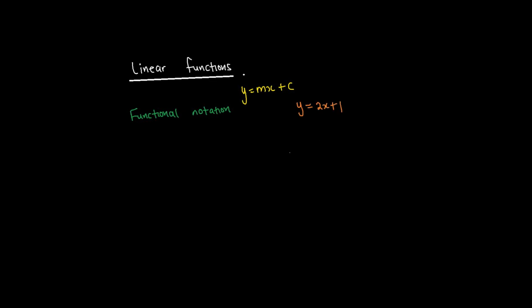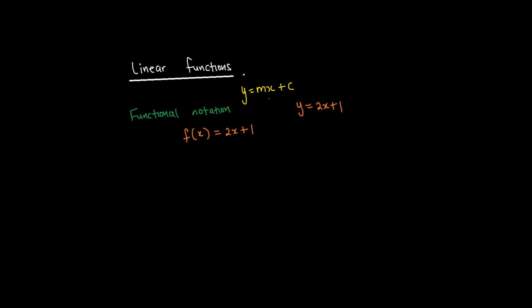This is the function we used in the beginning of the lesson, so I think it's only fair that we use it again. Now in high school, specifically in FET grade 10, 11 and 12, you know the y value to be y, but to differentiate it, we can give this graph a name. We can call it f of x is equal to 2x plus 1.